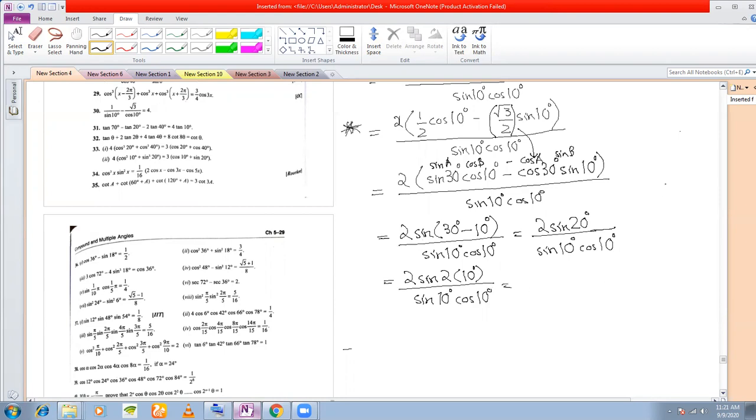Now we use sine 2 theta is equal to 2 sine theta cos theta. So this is 2 into 2 sine 10 degree cos 10 degree divided by sine 10 degree cos 10 degree. Sine will cancel, cos will cancel. You simply get 4.